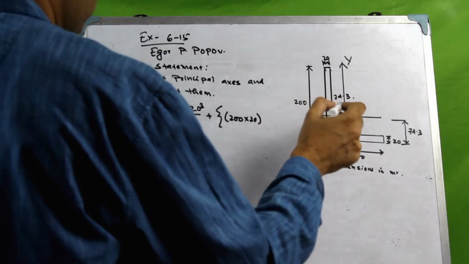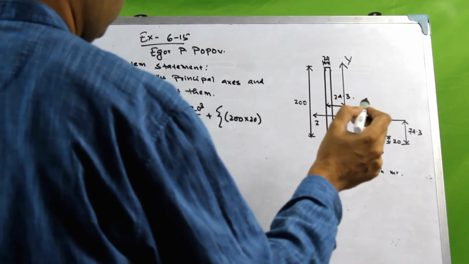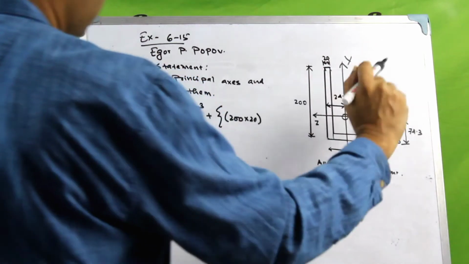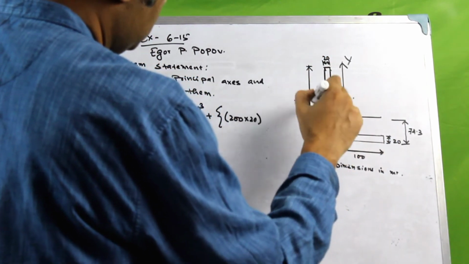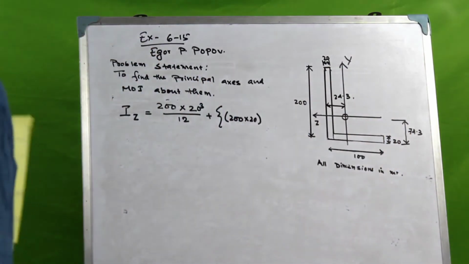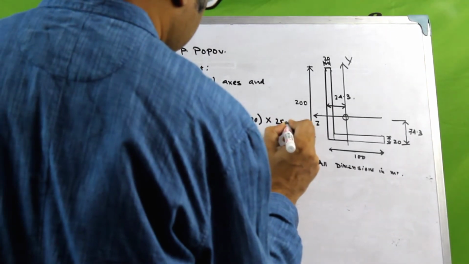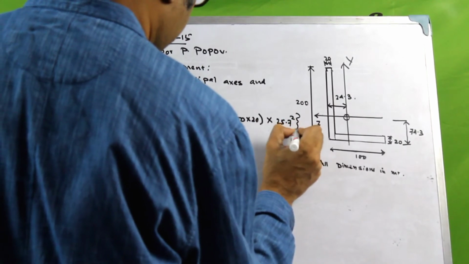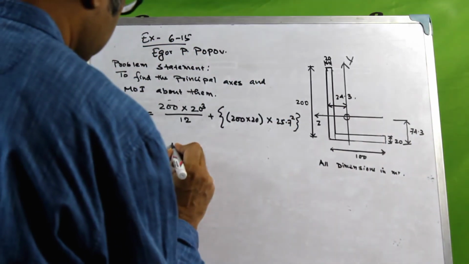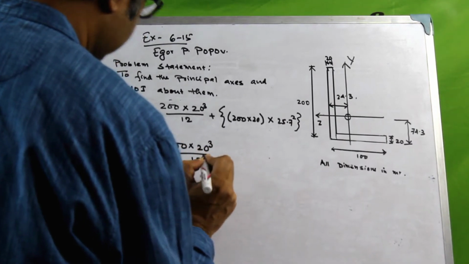Well, wait. We are actually calculating it about the z-axis. So it would be 200 by 2, that is 100. 100 minus 74.3 would come to 25.7. Multiply that with the square, and then we will come to this particular element, where the moment of inertia of this element about its own centroidal axis is this.